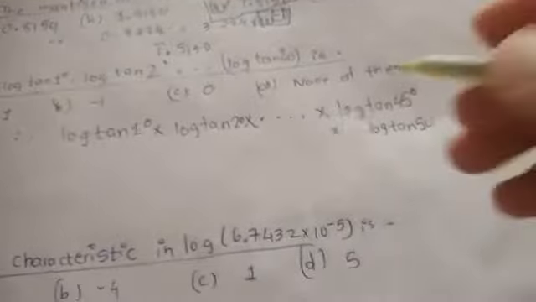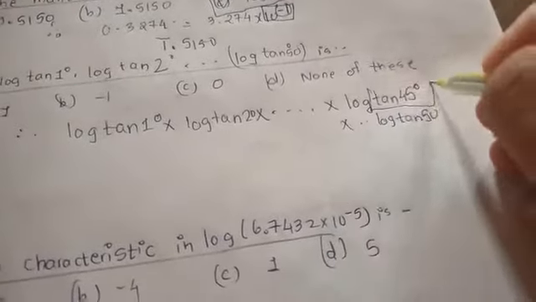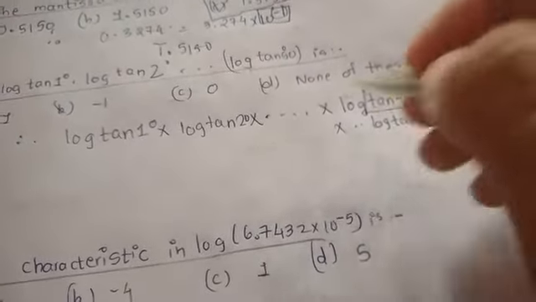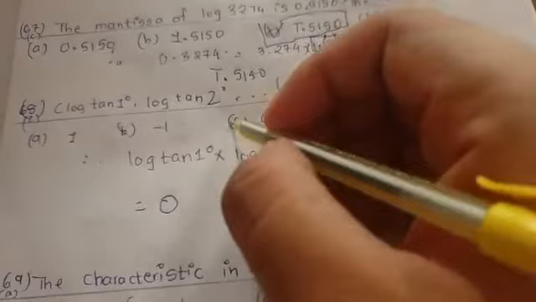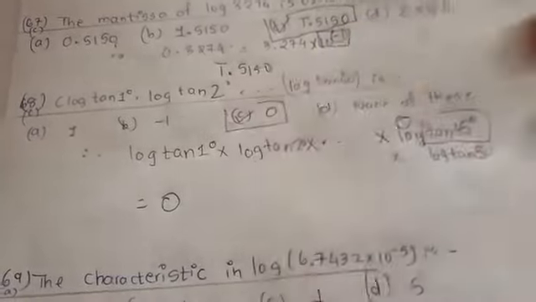Now we know that tan 45 is equal to 1 and log 1 is always equal to 0. So the answer of the whole expression reduces to 0. So in 68 question, the answer is C, 0.